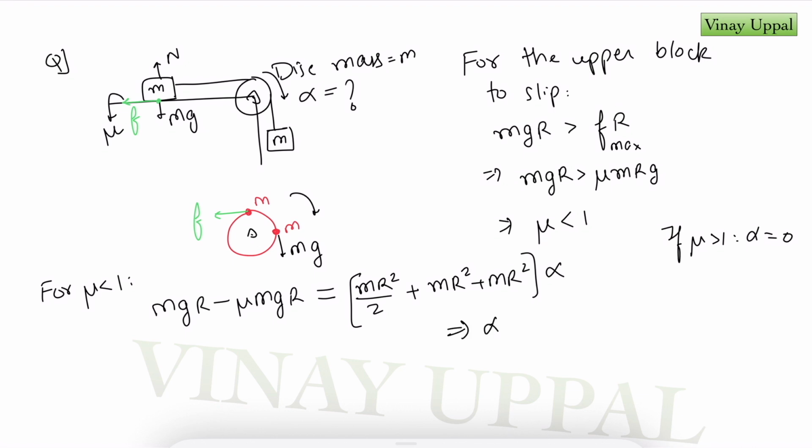And therefore you will get your alpha as 2 into 1 minus mu g by 5r. So this is your angular acceleration. So here you see how we can solve questions involving friction as well using the cute method.